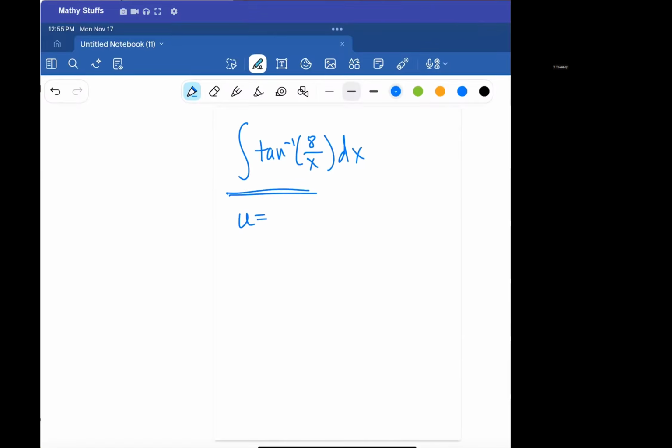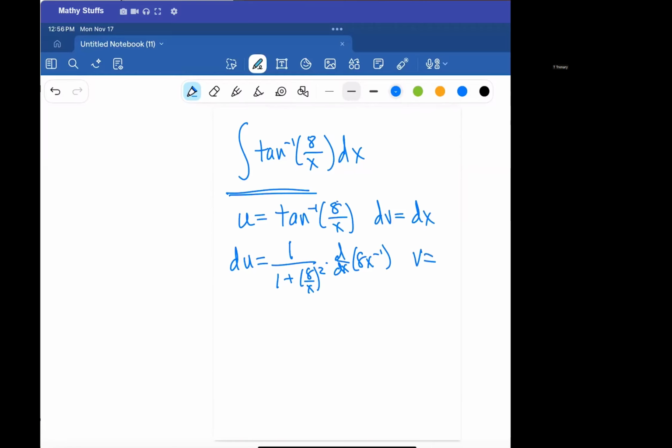So we're going to let u equal arctan of 8 over x. And just like in that natural log integral, we're going to let dv be dx. So then du is going to be, using the natural log form, first the outer part times the derivative of the inner part, which is 8x to the negative 1.